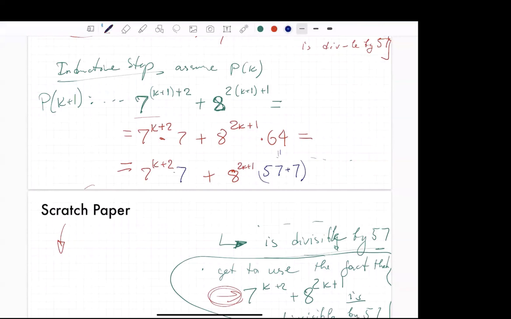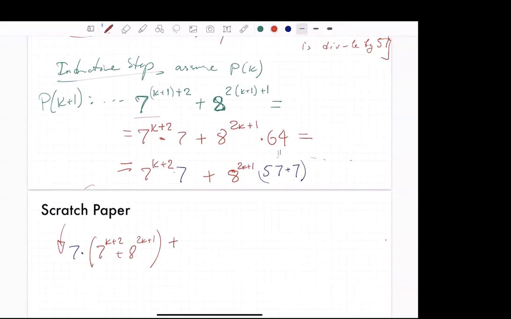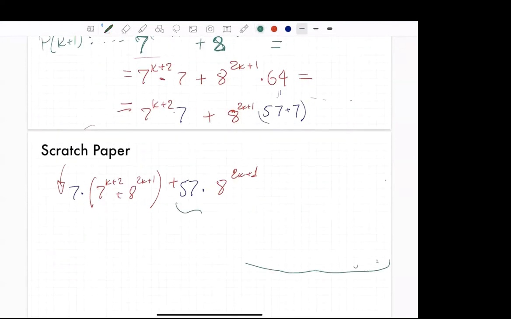You end up with 7 times 7 to the k plus 2 plus 8 to the 2k plus 1, plus, let me erase this, we know what we're proving, 57 times 8 to the 2k plus 1. And again, we get the same result: this is a multiple of 57 by algebra.